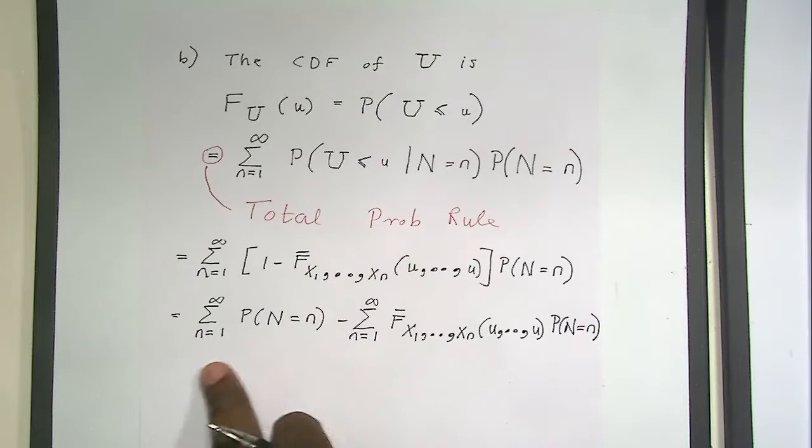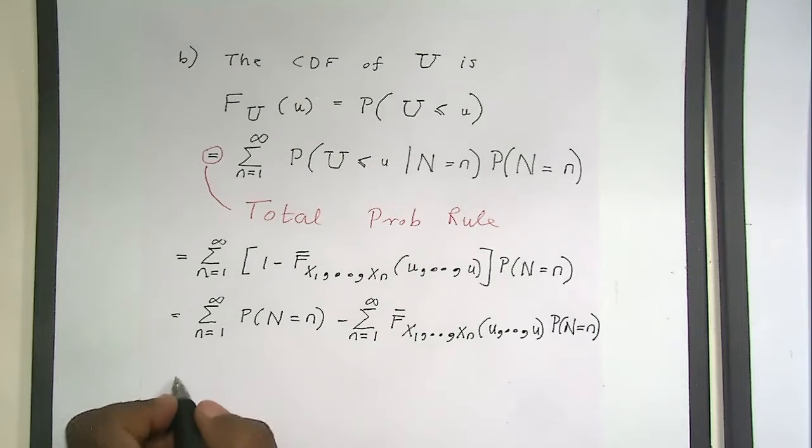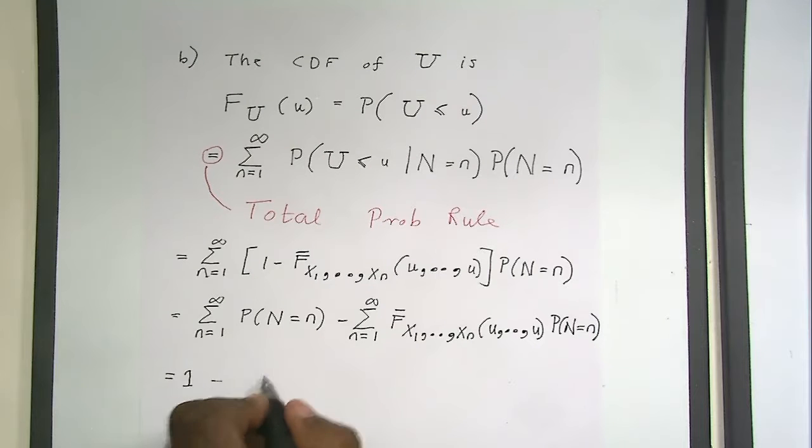I know one of you asked me this yesterday. What is this equal to? 1. Yeah, because this is the sum of all probabilities. It must be 1. So this becomes 1 minus.